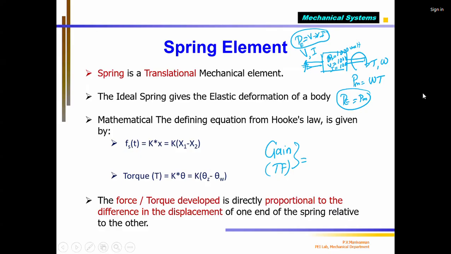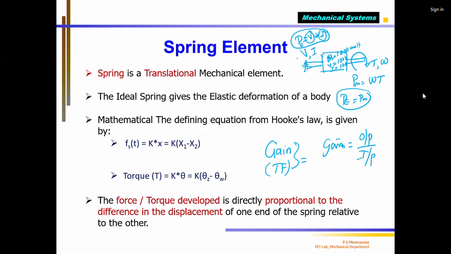Now you have the motor, and you don't know how much current it is taking or how much voltage. You applied some voltage, and some torque is coming out. So you have a device which can measure that. Now we can find out the transfer function gain. Gain is nothing but output divided by input.